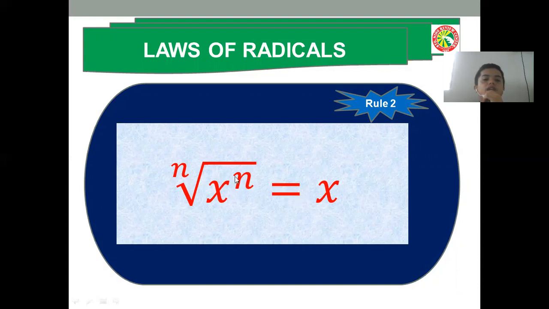Therefore, it will cancel out the exponent and the root, and the answer would be x only. If the exponent and the root of the base are equal, they cancel out, and it will remain its base x.